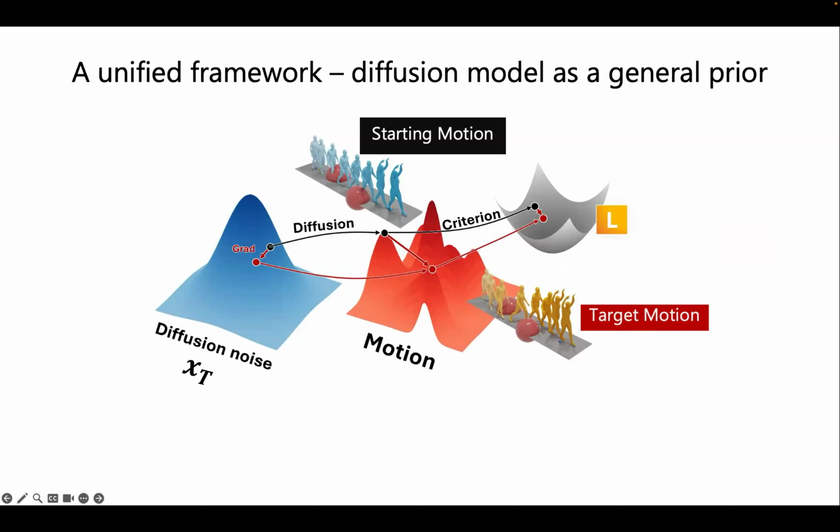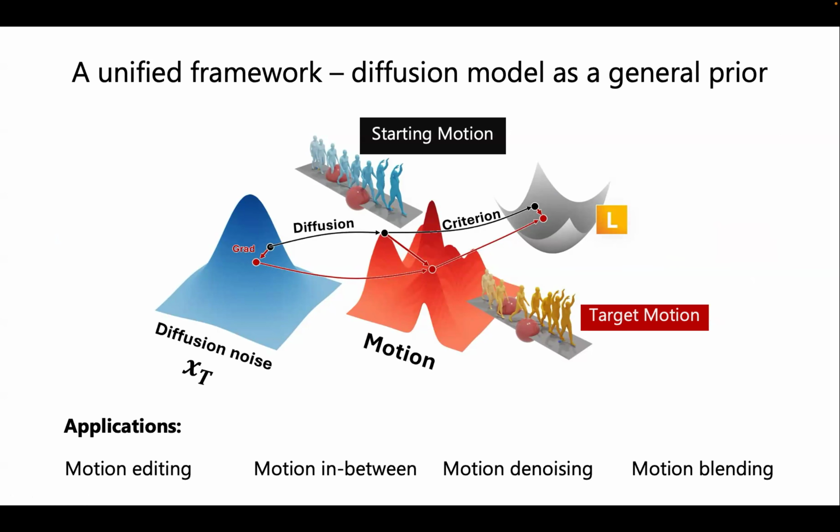Then we backpropagate this gradient through this ODE solver and update the diffusion noise, such that once this noise is updated, the generated motion follows the criteria. That's the idea, very simple. In this work, we show this can be used for motion editing, motion in-betweening, motion denoising, motion blending, and other tasks. Next, I will show you some results.